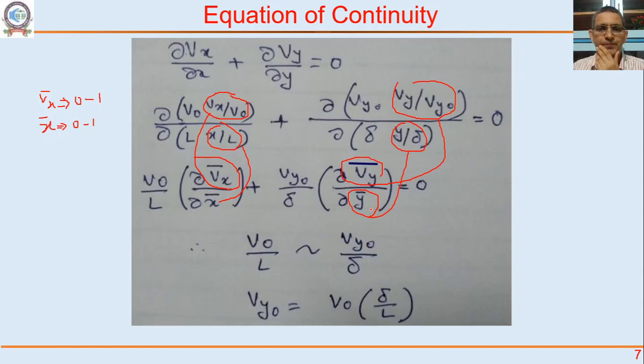Okay. Now there are two terms in an equation, and if two terms are there in the equation, both terms should have the same order of magnitude. Look at the brackets. Look at the dimensionless variables.